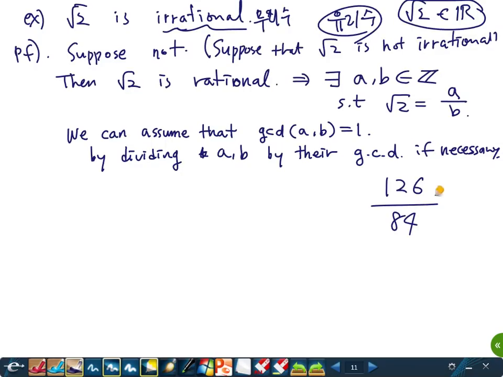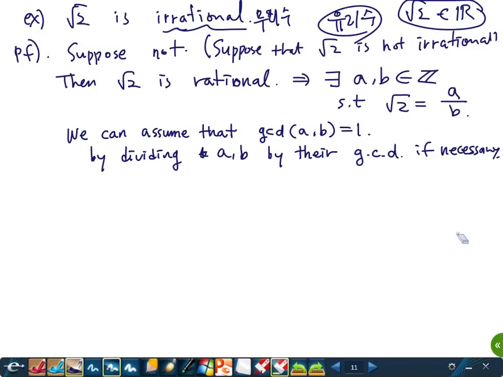In this case, you divide both numerator and denominator by their greatest common divisor. You divide by 2, like 3 over 42, then maybe divide by 3, 1 over 14. Now they don't have anything in common. In this way, you can always reduce this to a over b, where a and b don't have anything in common. Is this fine?